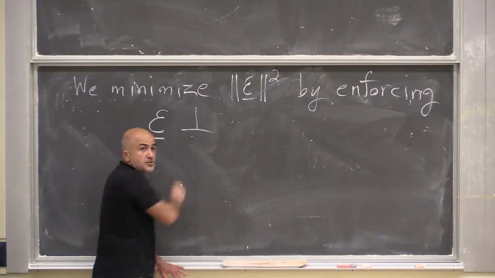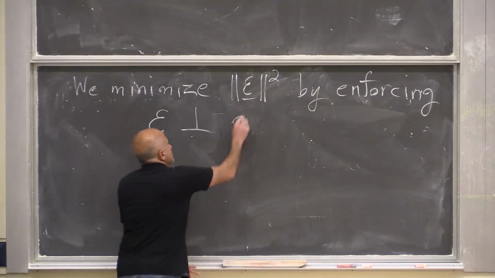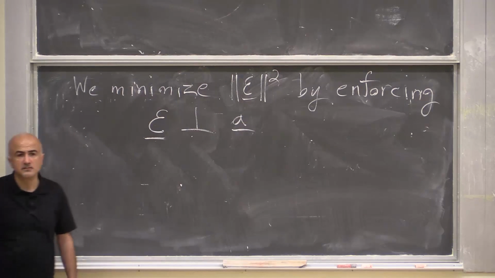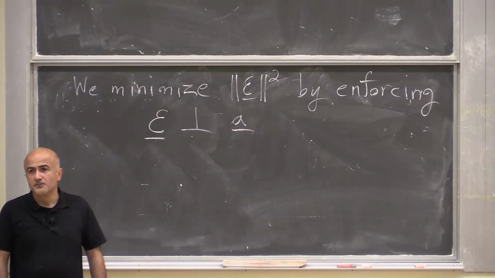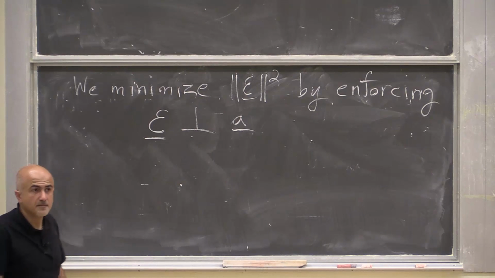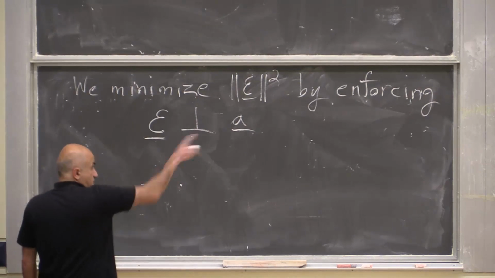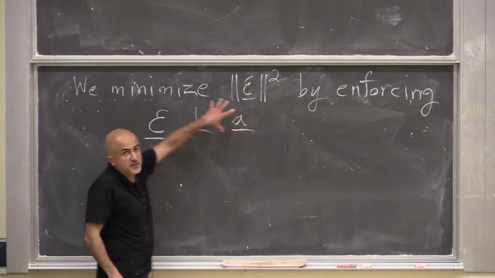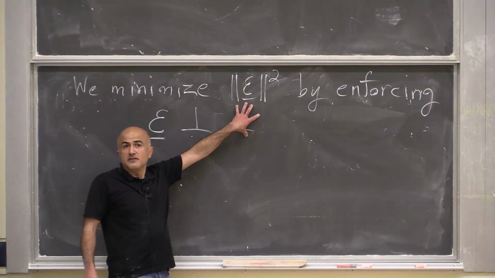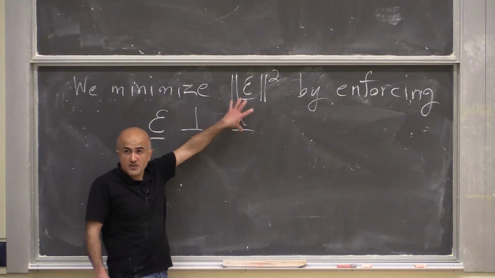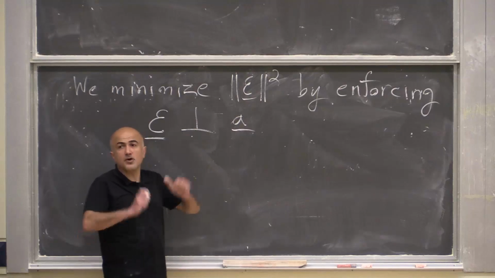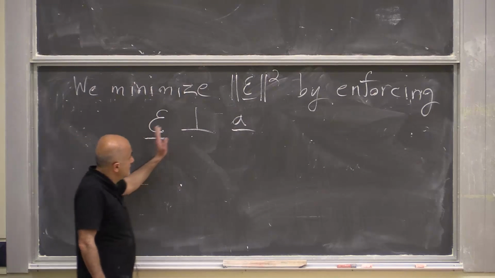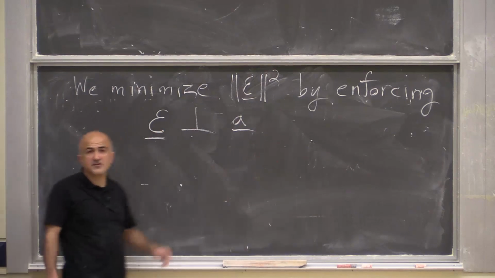It's perpendicular to A. So we know from the geometry of this picture that if we ensure that the error vector is orthogonal to A, we're home free. Applying this will get us the alpha that we want.